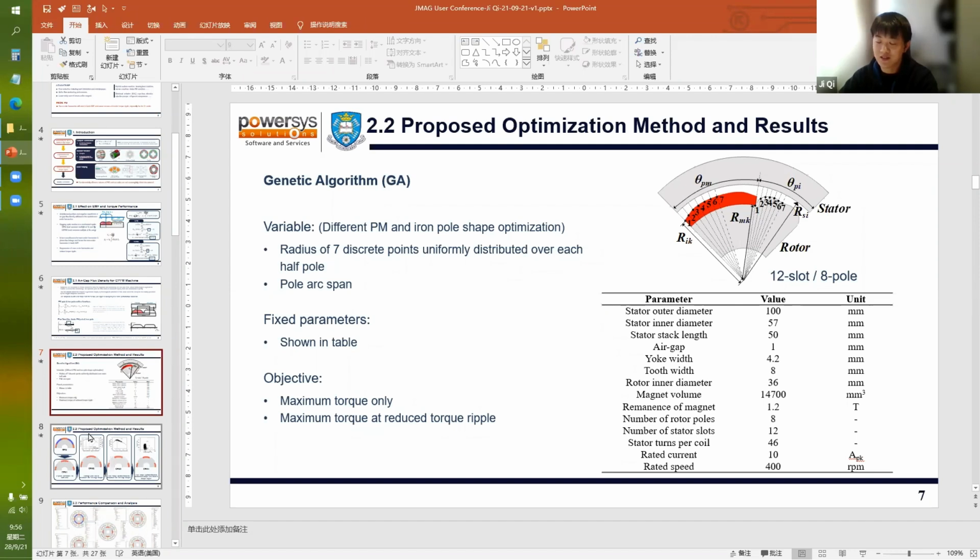Here, I think it's just a tool to verify the principle behind the pole shape. The principle is to move the phase of the PM torque ripple and the reluctance torque ripple to counteract each other. So no matter what method we use, we should find this phenomenon here.